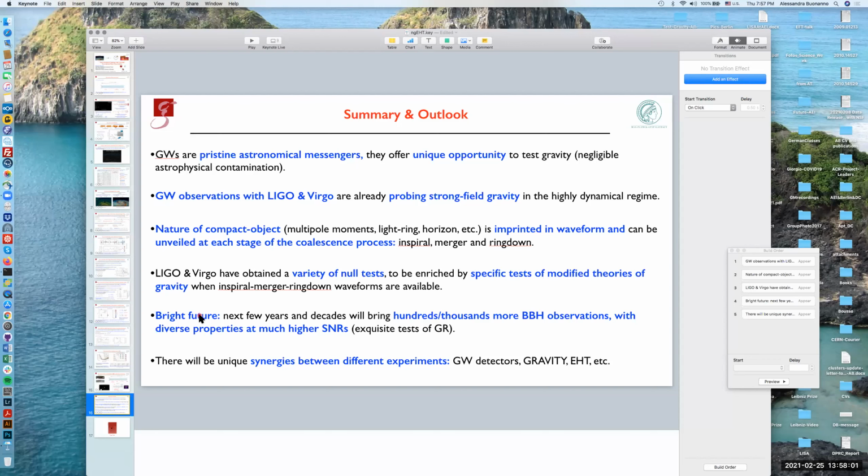Now, your question is more about using the photons, perhaps, directly. The light ring, of course, gives you information also about the mass and the spin, because the light ring position does depend on the mass and the spin.